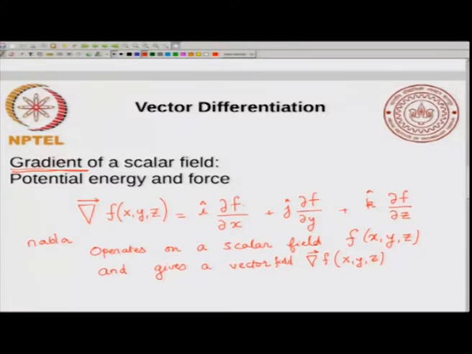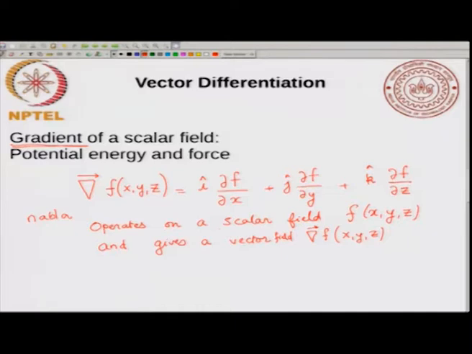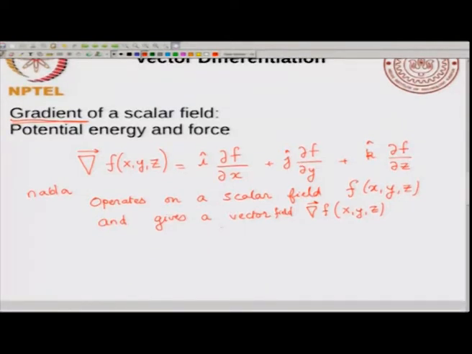This is the definition of the gradient, and a very common place where you see gradients is in potential energy and force. We already saw that the potential energy is a scalar field. So you have V of x, y, z, which gives you the potential energy at any point. If you want to calculate the force due to this potential, the force is a vector field, and it is written as negative gradient of the potential.